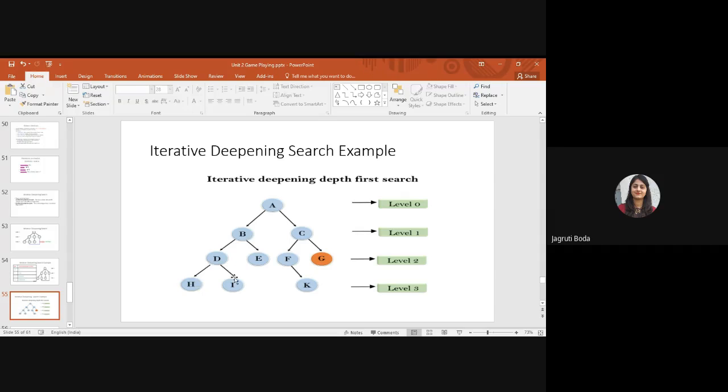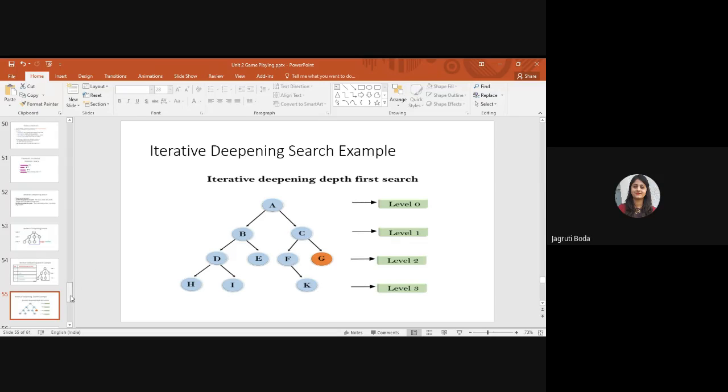Now D has a second child, that is your I. Now B has a child, that is your E. Now you come to the next, C. Then C has F, K, and the last is your G. Okay. Are all the students clear? So what is your answer? A, B, D, H, I, E, C, F, K, and G.